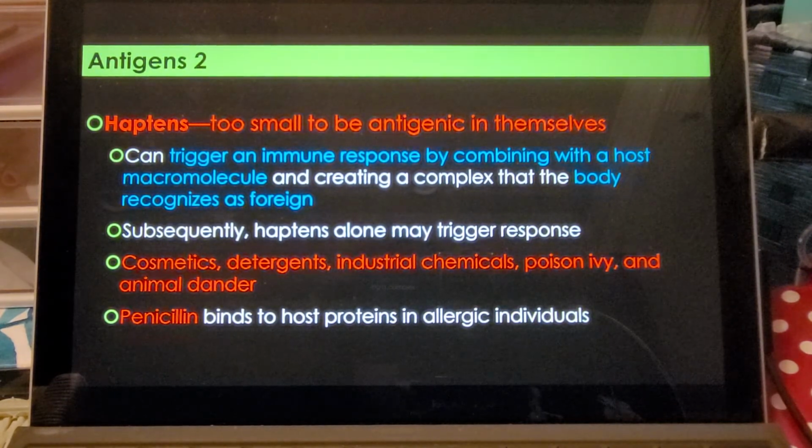Same thing. It's something foreign, and the body recognizes it as foreign. It could be cosmetics, like makeup some people are allergic to, different detergents, chemicals, plant compounds like poison ivy, animal dander, pollen, dust.